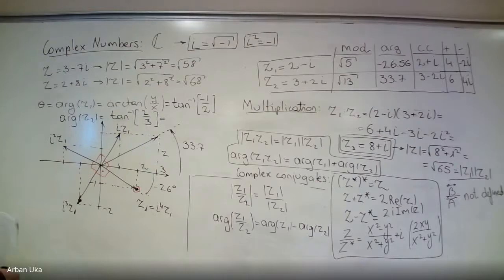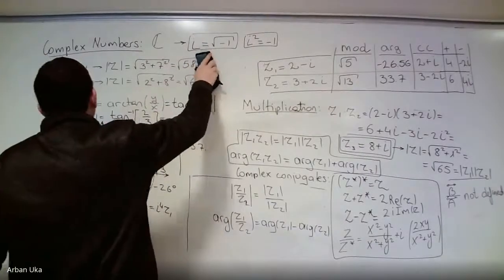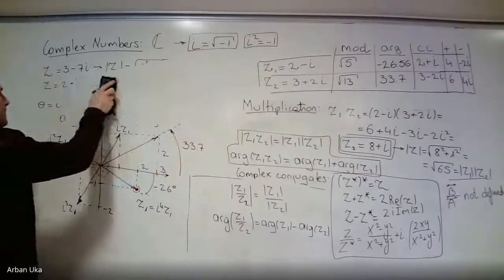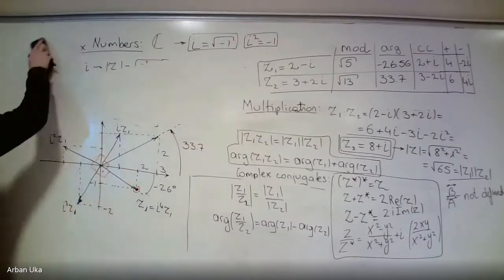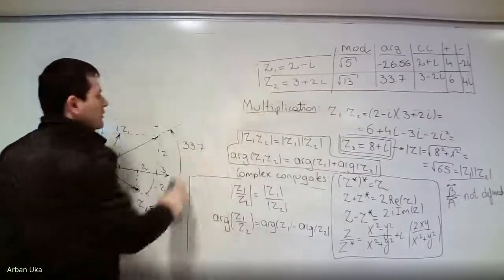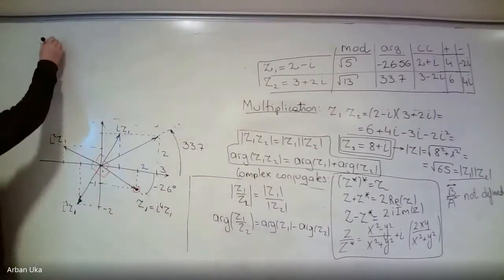Now, we are doing these examples, and let's go to another important representation of the complex numbers, which is the polar representation.